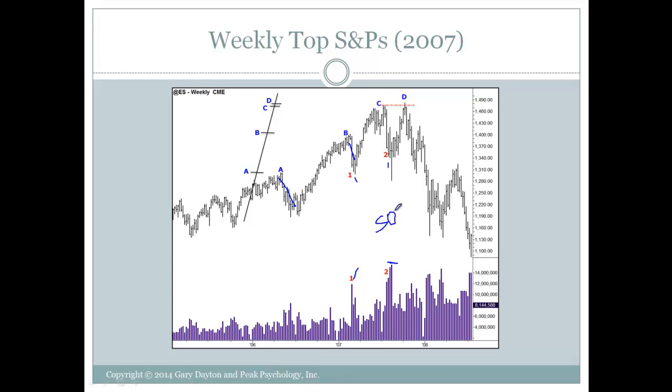It comes early in this. We don't get an overbought market. We don't get a buying climax. What we get instead is shortening of the thrust with significant supply coming in. And then it's followed by an upthrust, a weekly upthrust.